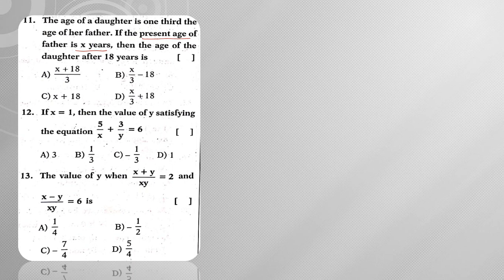Now if you observe, the present age of father is given as x. Then what he said, the age of daughter is 1/3 of the age of her father. That means the daughter's age is 1/3 of the father's, so 1 by 3 into x, which is x by 3.